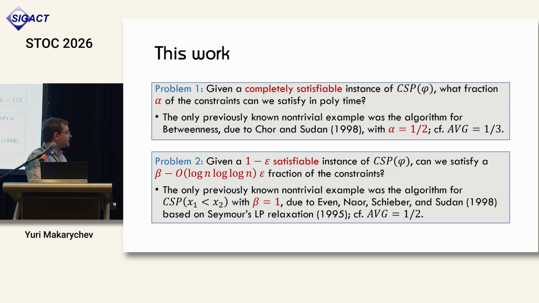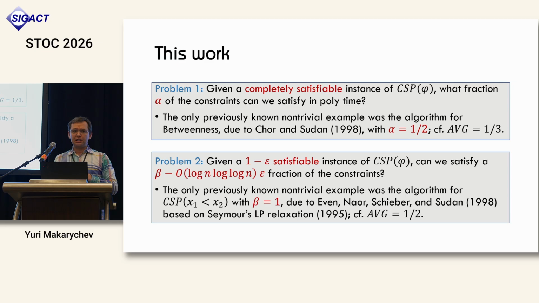There was only one previous result addressing this problem, due to Chor and Sudan, who showed that for betweenness we can get alpha equal to 1/2, and the trivial guarantee for betweenness is 1/3.